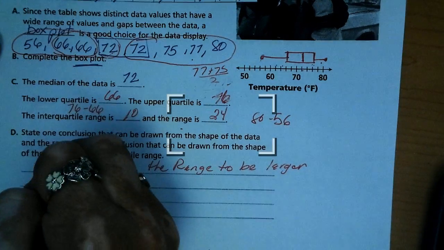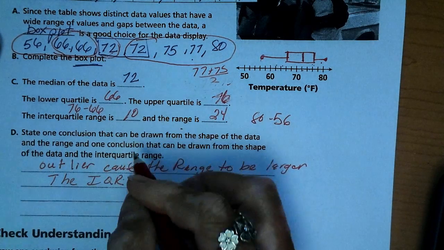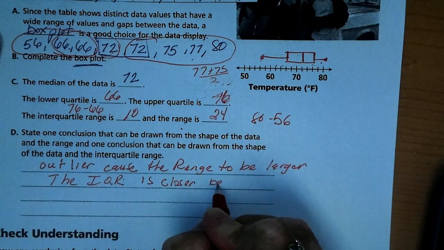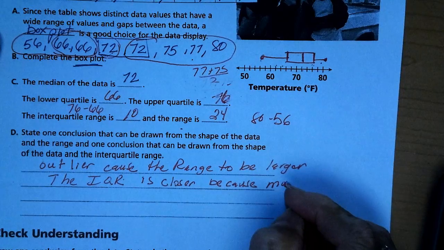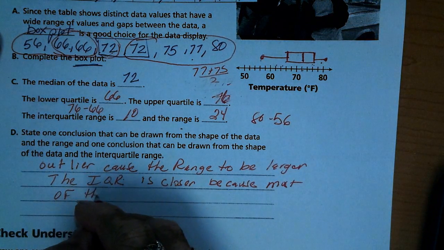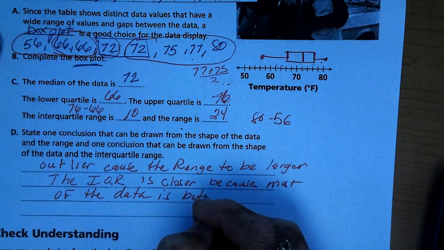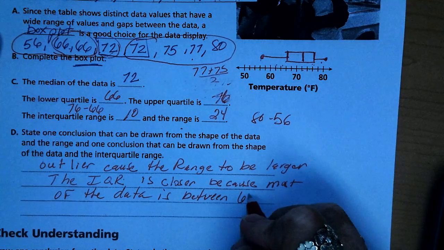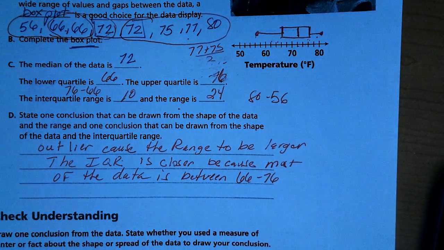So the IQR is closer because most of the data is between 66 and 76. So it's pretty close together.